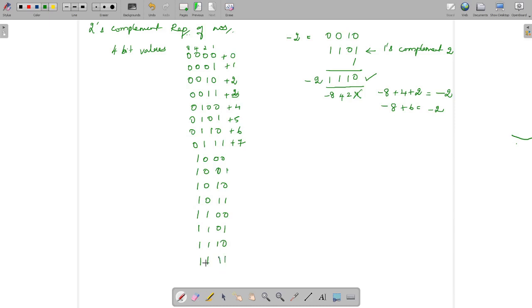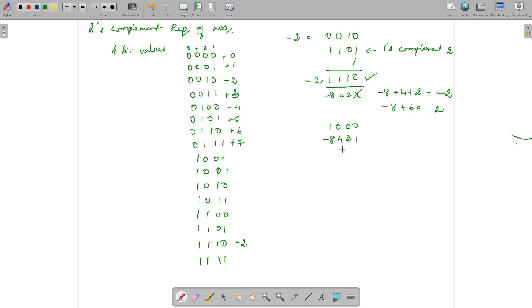Okay, so here 1 1 1 0 is minus 2, and this is 1 0 0 0, so minus 8 plus 4 plus 2 plus 1.